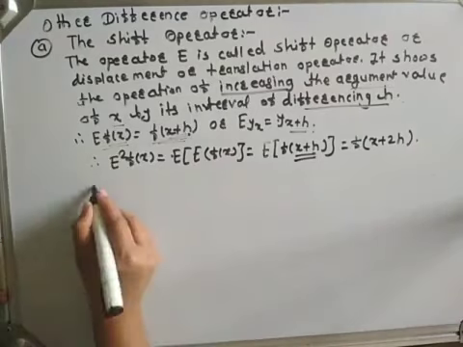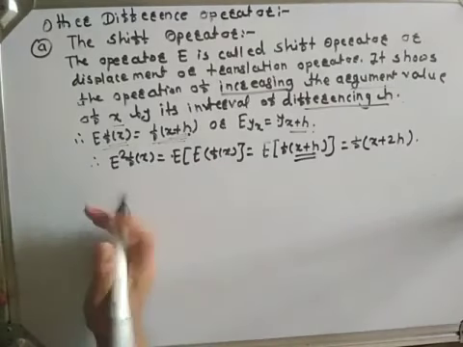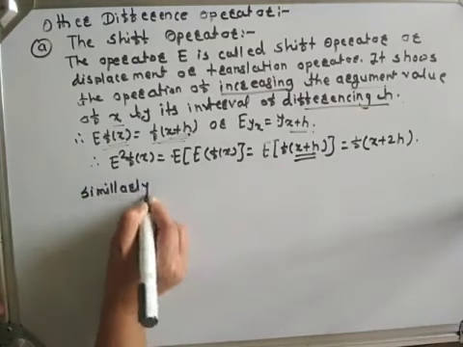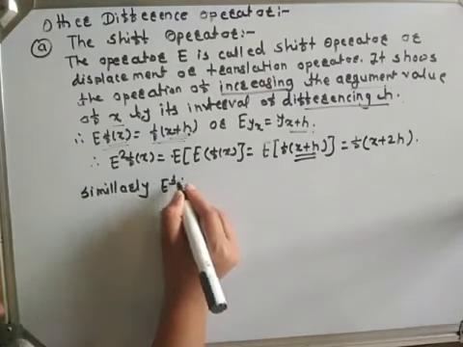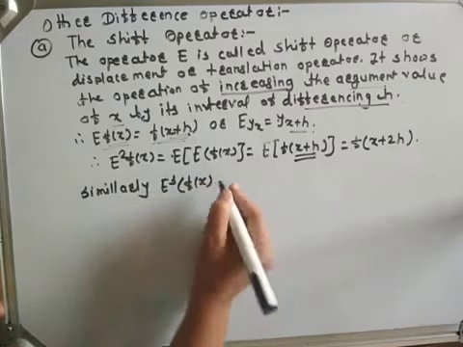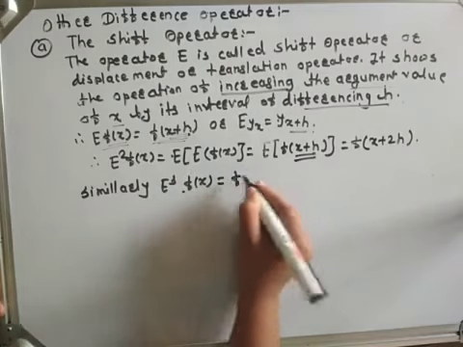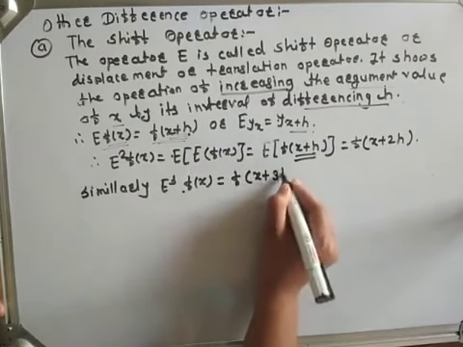Similarly, E cube of f of x is equal to f of x plus 3h.